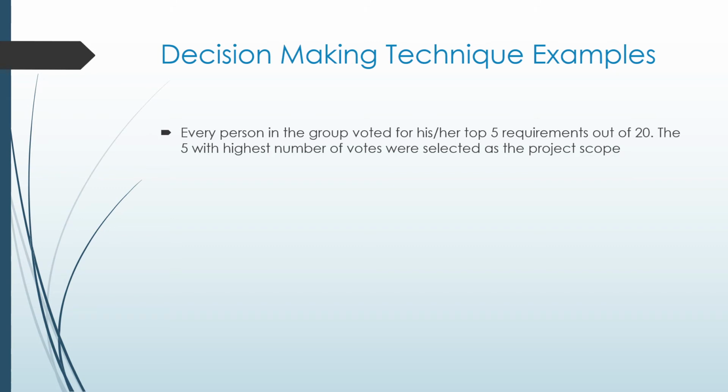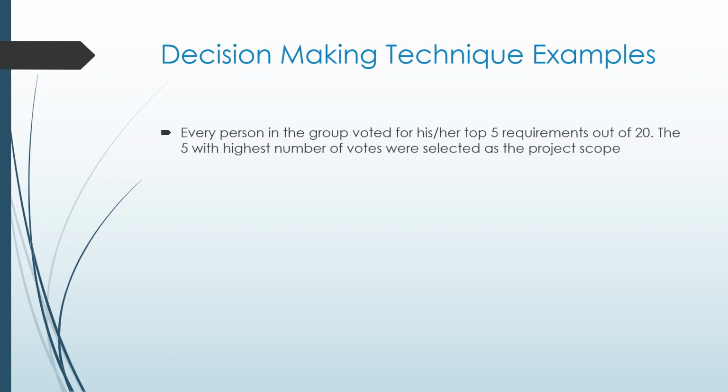Every person in the group voted for his or her top 5 requirements out of 20. So basically there were 20 requirements laid on the table, and every person in the group picked his or her top 5 requirements. After that, the 5 requirements with the highest number of votes were selected as the project scope.